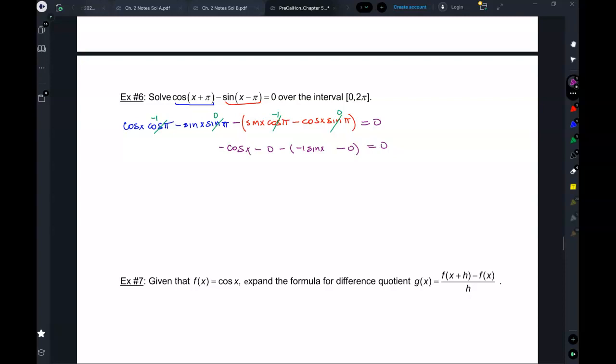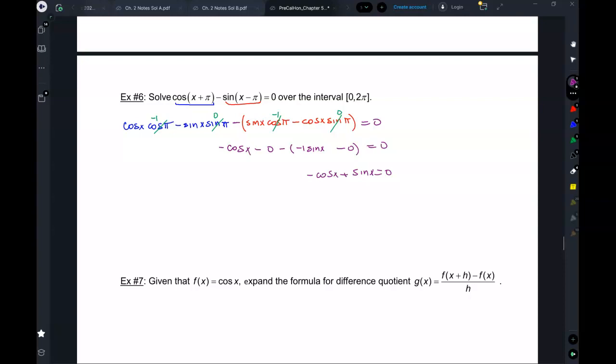Are you guys with me? So this is negative cosine minus 0 minus negative sine minus 0. So let's see what we have here. Negative cosine x plus sine x equal to 0.